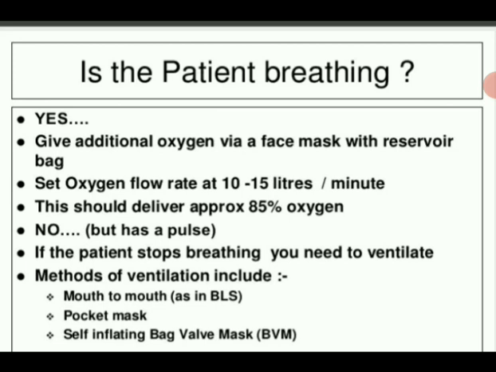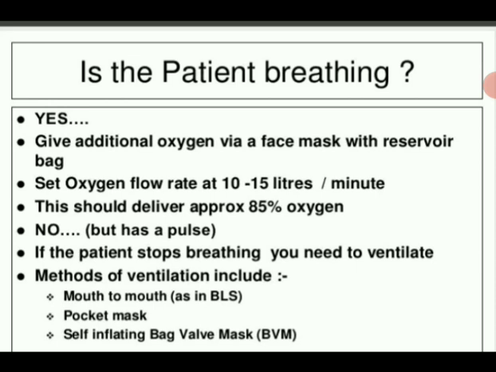Give additional oxygen via a mask with reservoir bag, and set the oxygen flow rate to 10 to 15 liters per minute. Based on their oxygen saturations, we have to increase or decrease the oxygen flow rate. If the patient has a pulse but stops breathing, you need to ventilate.